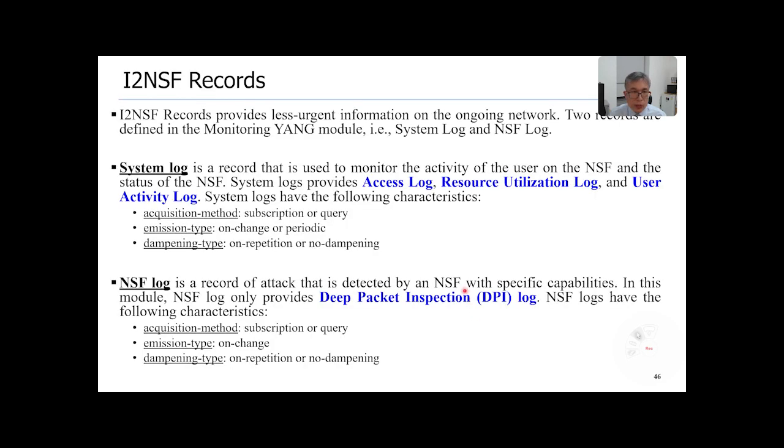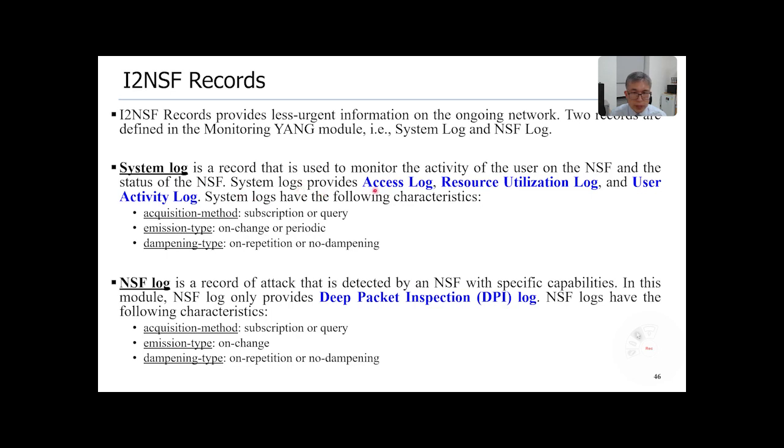And records. Records provide less urgent information on the ongoing network, such as system log and NSF log. A system log is a record used to monitor the activity of a user on the NSF and the status of the NSF.